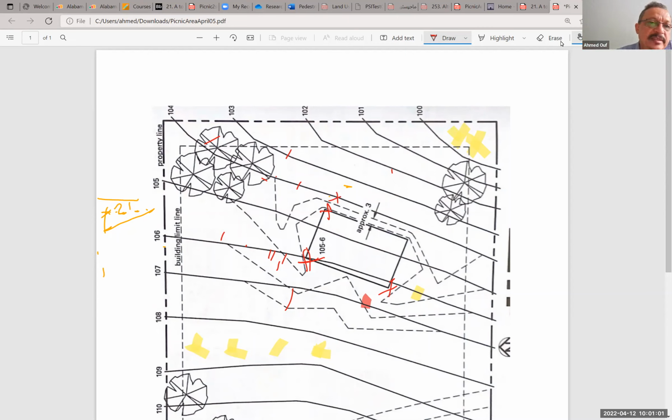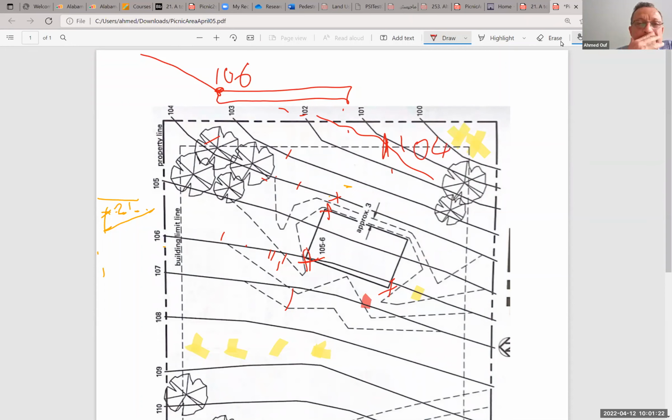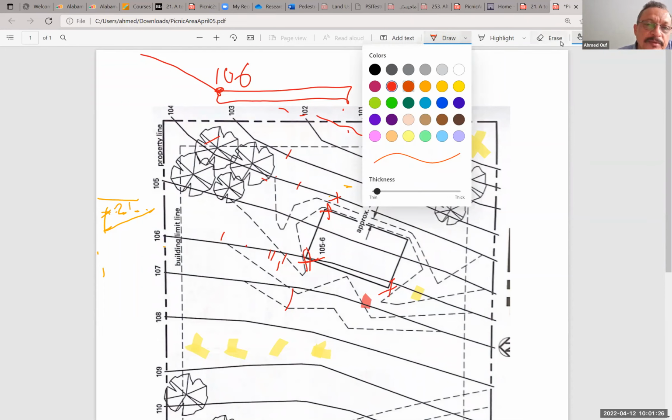So if we put the pad like that, from this point, it's all exactly 106 here. And then it moves down like that. So in this point here, it's 104. We said that this will make a big slope.